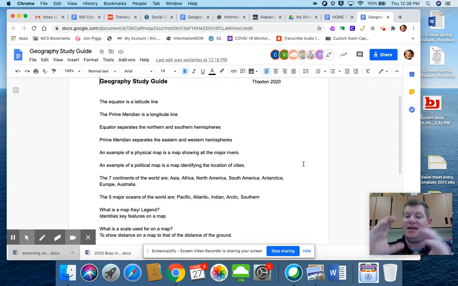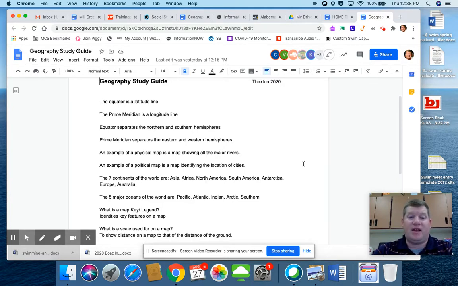And there will be a key at the bottom showing what the features represent. A scale is also on a map, and that shows the distance on a map and compares it to the distance in real life, the real ground. So you'll see that a good bit on maps.